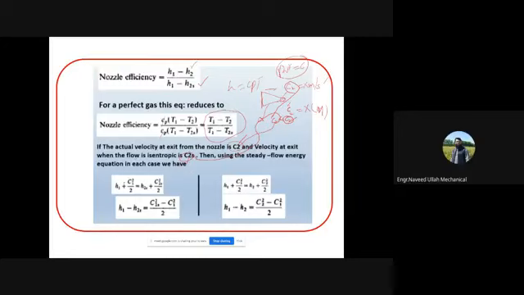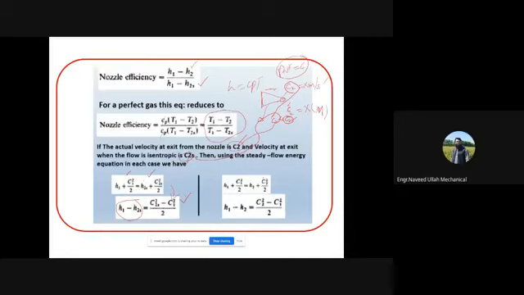At the inlet you have total energy, and this is for the isentropic process and this is for the non-isentropic process. So H1 plus C1 square by 2 equals H2s plus C2s square by 2. If you know this will be H1 minus H2s, you can get this by simplifying.